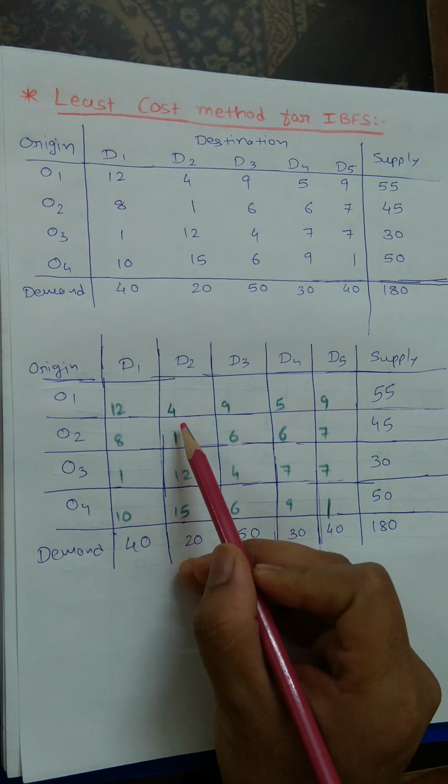Now check for the least cost out of the available cells: 12, 9, 5, then 8, 6, 6, 10, 6, 9. So which one is the least cost? 5. So in the O1D4 cell we will do the next allocation.